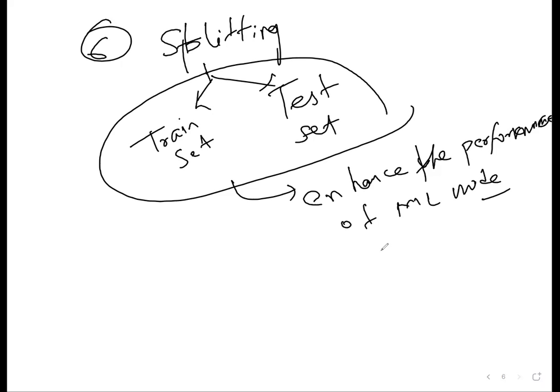Suppose we give training to our machine learning model with a data set, and we test it with a completely different data set, then it will be difficult for our model to understand the correlations. If we train our model very well and its training accuracy is very high, but we provide a new data set to it, then the performance will decrease.